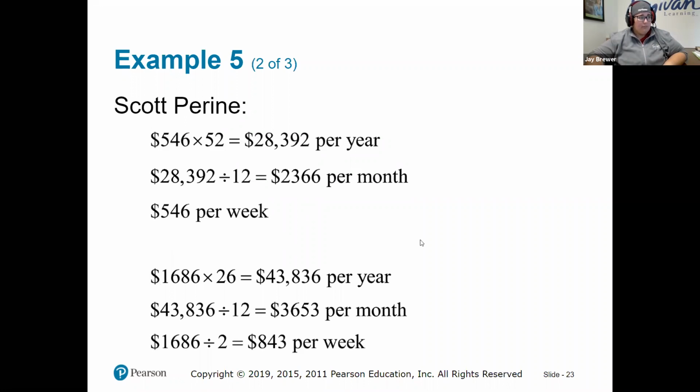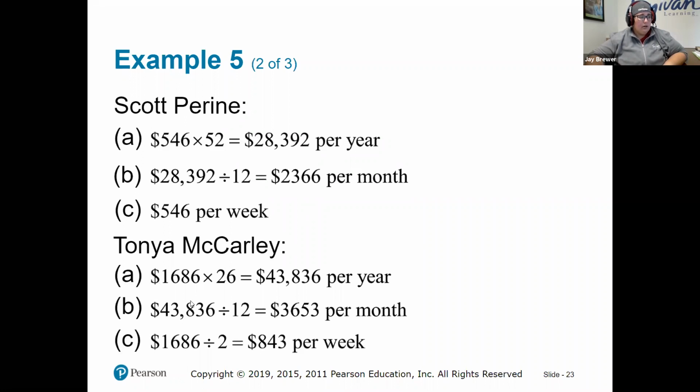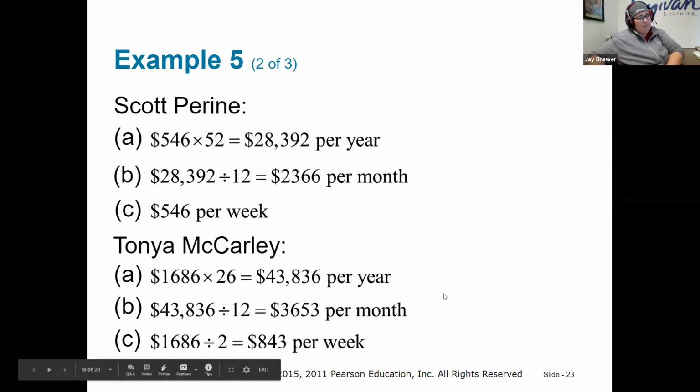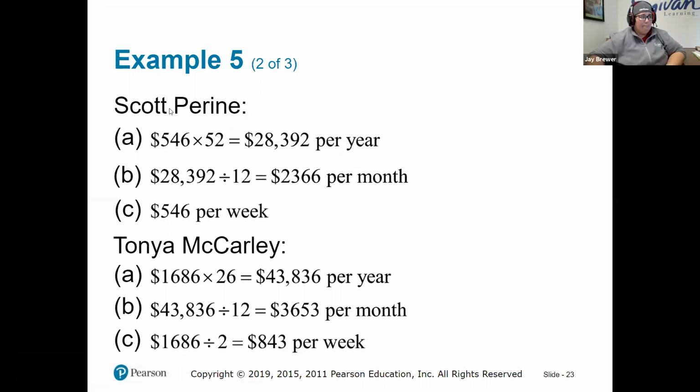With the second person, Tanya, we have to take your 1686, multiply it by 26. That gets you the year. Take the year, divide it by 12, it gets you the month, and then take the 1686 and divide it by 2, and that gets you the per week. Okay, so Tanya must have a higher job or more experience or something like that over Scott.